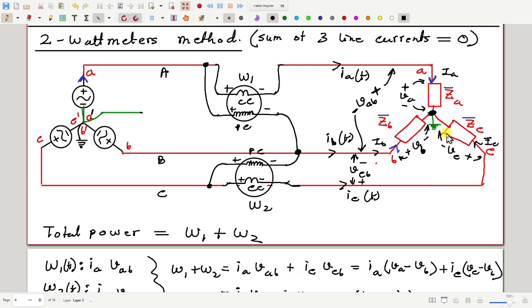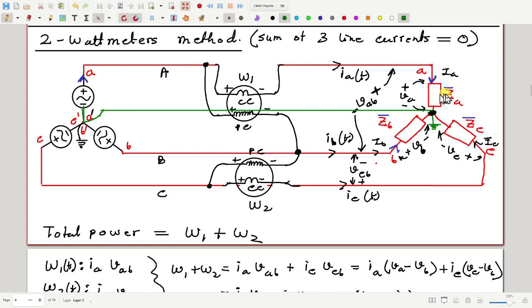Okay, but if there is one more path for the current to flow, that means the neutral line is present, then IA plus IB plus IC need not be equal to 0 always.